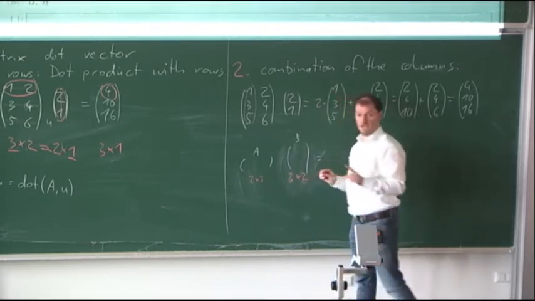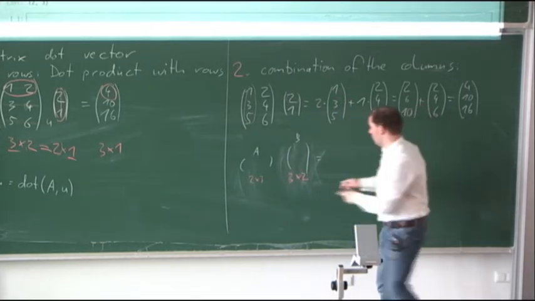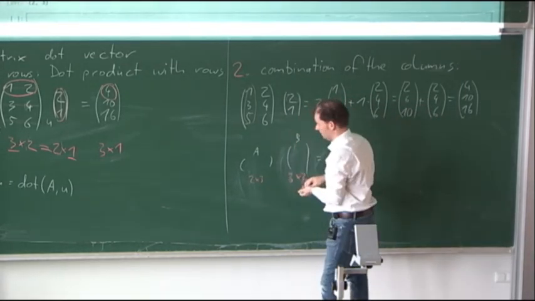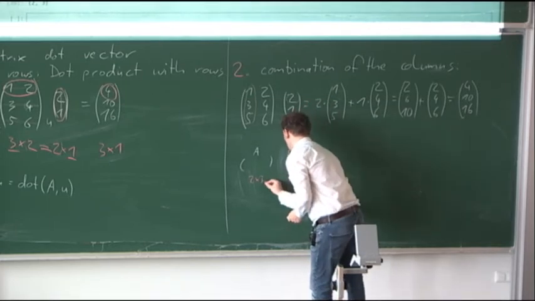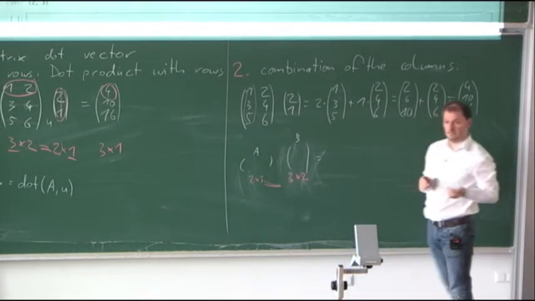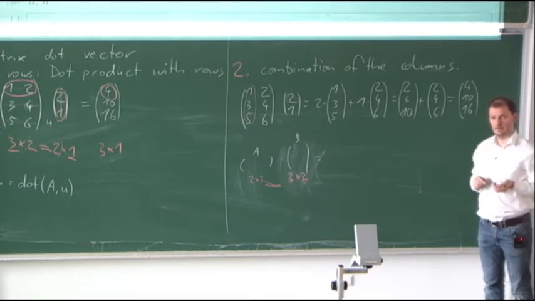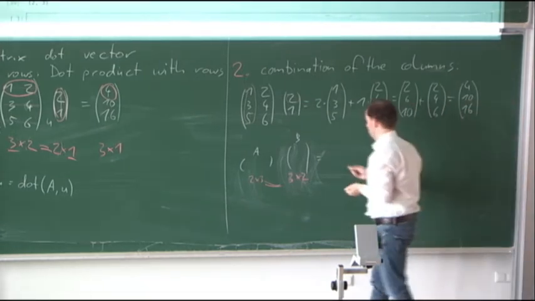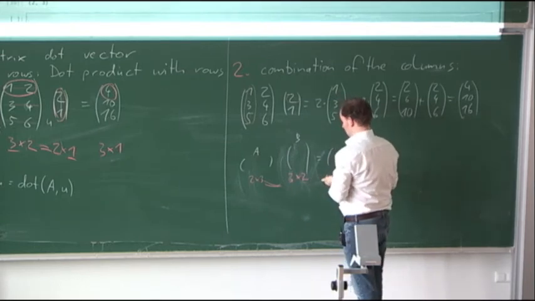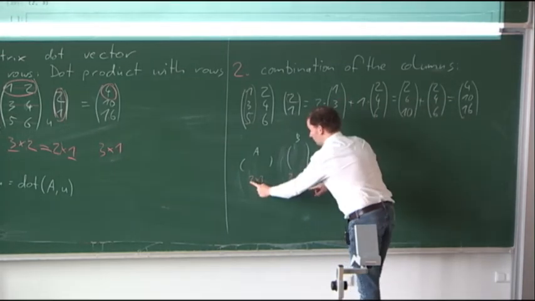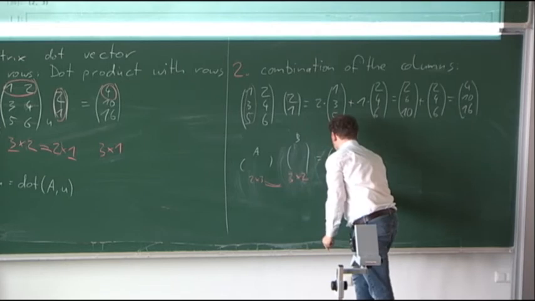So now these two numbers are the same, right? So I'm fine. I can calculate that. What will be the shape of the result? The result, I don't know what it is, but I'm sure that it will be 2 by 2, right?